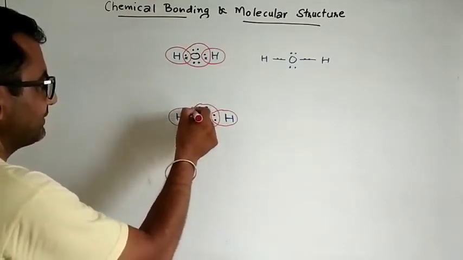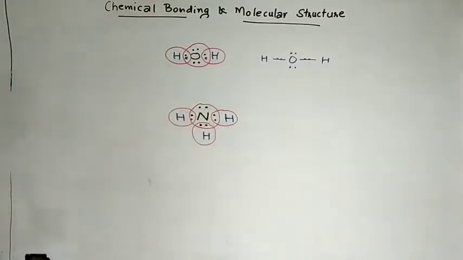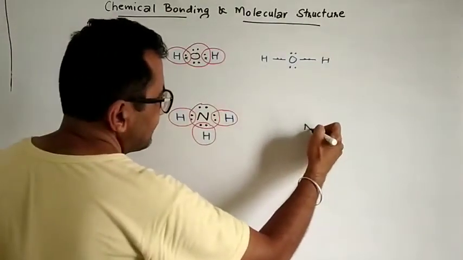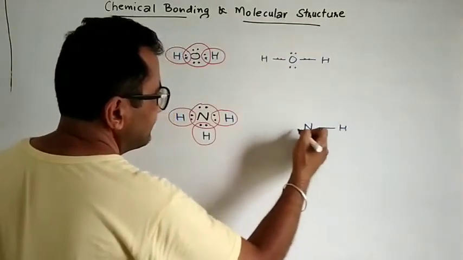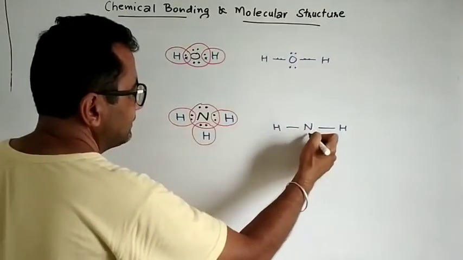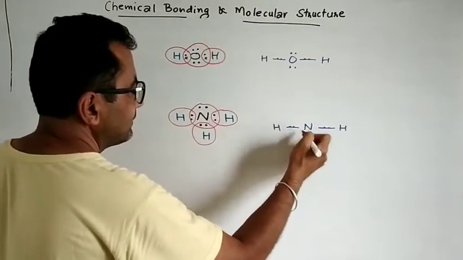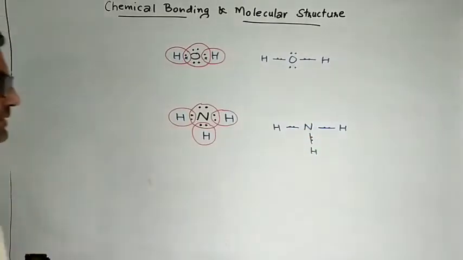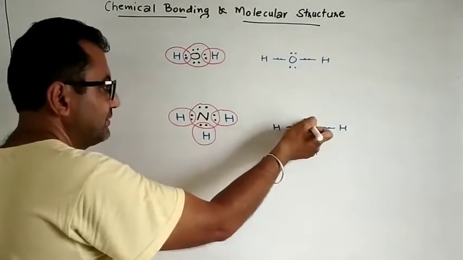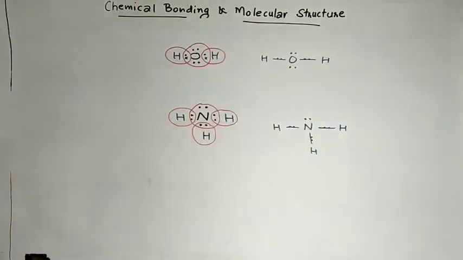Now you can see here there are 6 electrons, or you can say 3 bond pairs. You will draw it like this: hydrogen, hydrogen, hydrogen, and 2 electrons here.